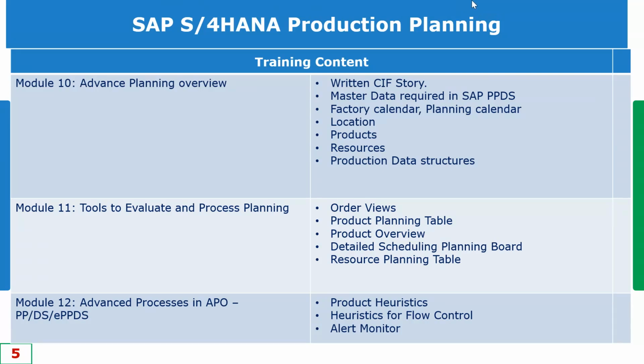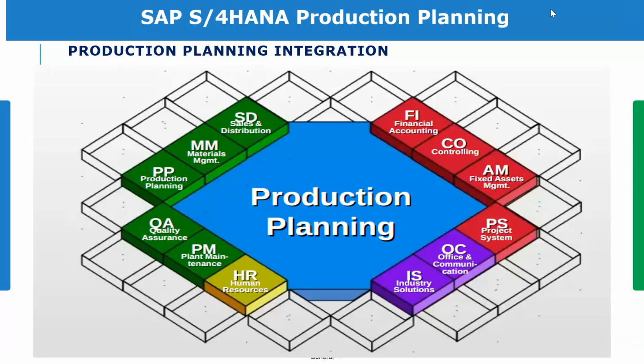And if you are very new to SAP, you can understand how different modules are integrated in a SAP system. Production planning is one of the core modules in SAP. In addition to that, we have different modules like finance, sales and distribution, material management, quality management, HR, and so on.